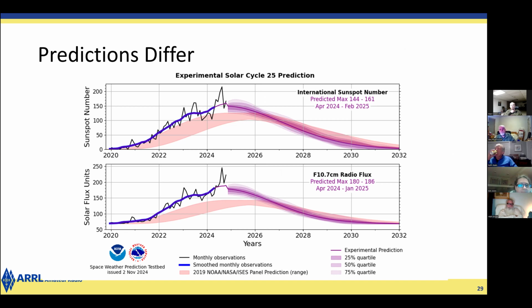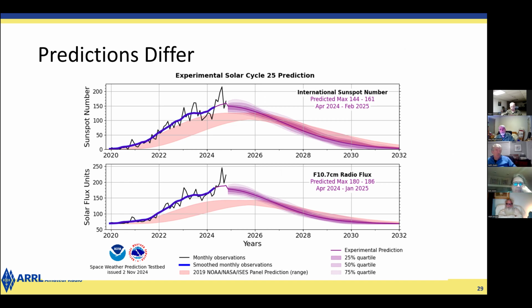And so the thin purple line and the purple bands you see in the right half of these graphs are the revised predictions from the government's Space Weather Prediction Center. And it shows that where we are right now in 2025 is probably near the peak, or the peak might occur next summer in 2026.